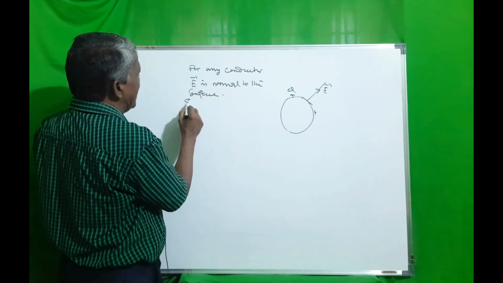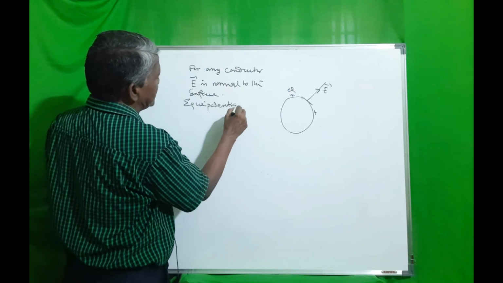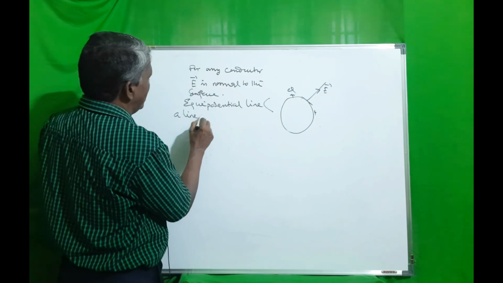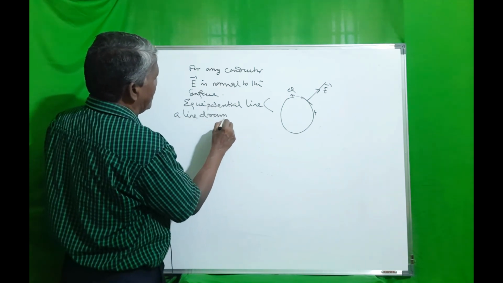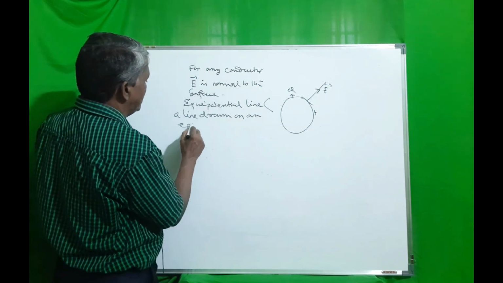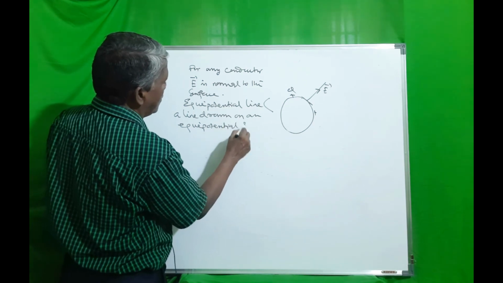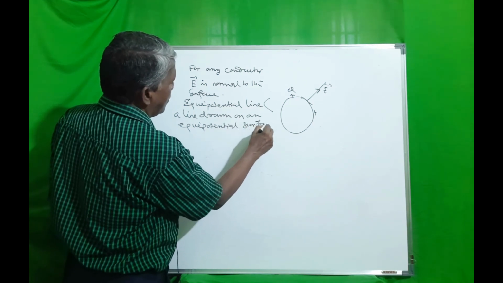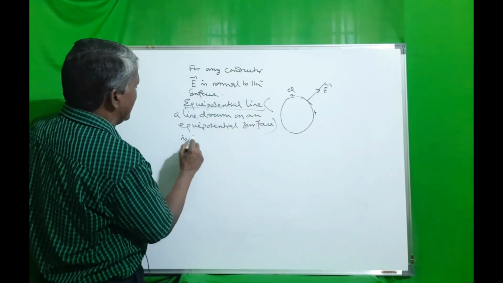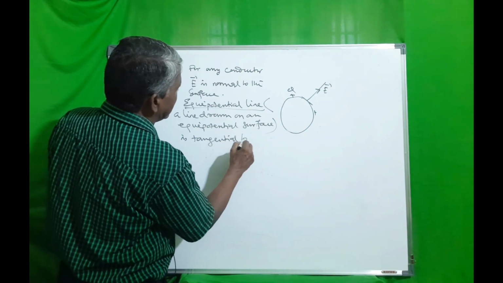But an equipotential line means a line drawn on an equipotential surface. So an equipotential line is tangential to the surface.